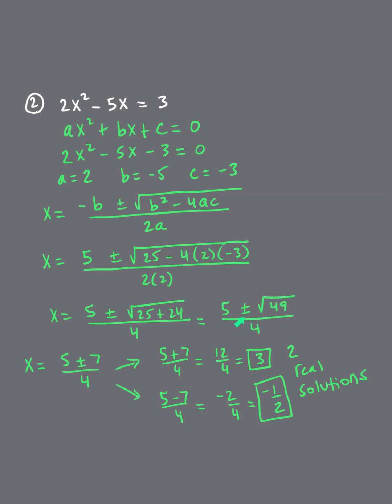So this actually did give us two solutions, this number being greater than 0, because we could do 5 plus this number divided by 4 and 5 minus this number divided by 4, giving us two real solutions. So we can write when b squared minus 4ac is greater than 0, then we have two real solutions.